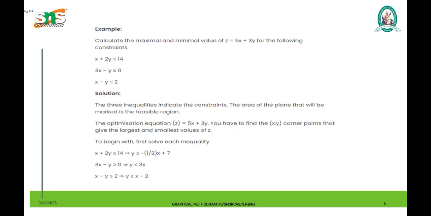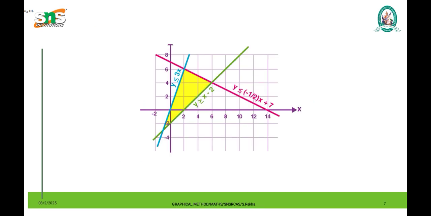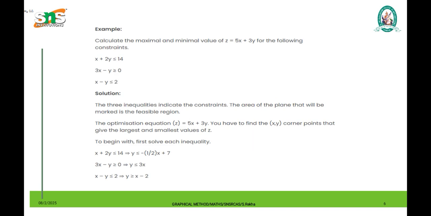The objective is maximization or minimization of f = 3x + 3y, with three constraints: x + 2y ≤ 14, 3x − y ≥ 0, x − y ≤ 0. If it is a maximization case, the constraint is less than or equal to. If it is a minimization case, the constraint should be greater than or equal to.